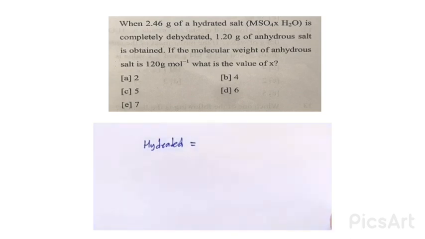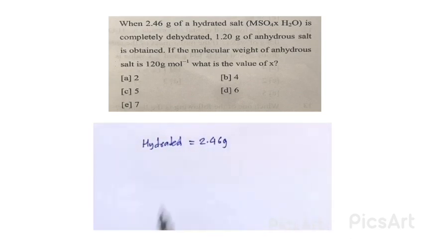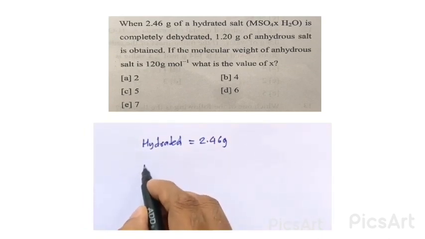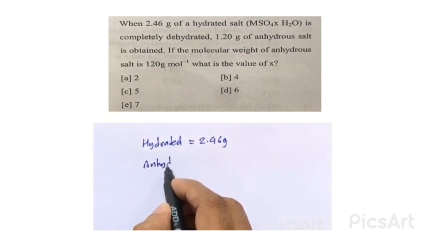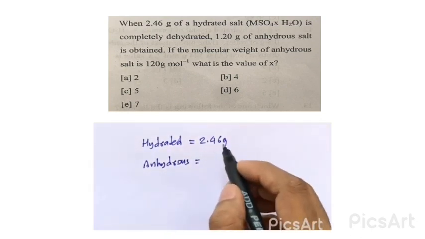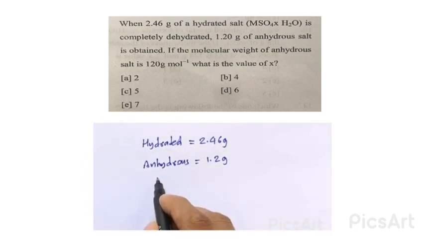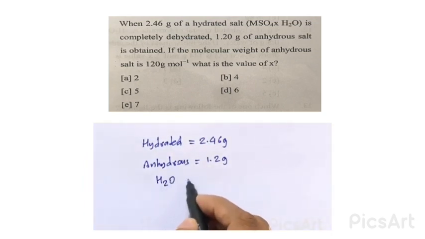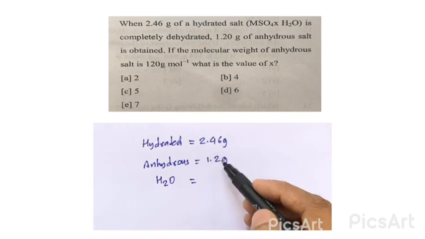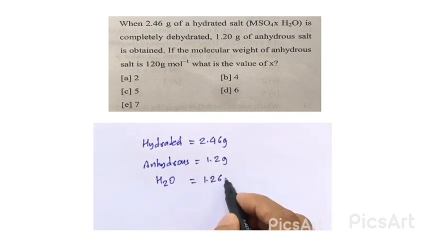Hydrated salt has mass 2.46 gram and anhydrous salt has mass 1.2 gram. Then mass of water is 2.46 minus 1.2, that is 1.26 gram.